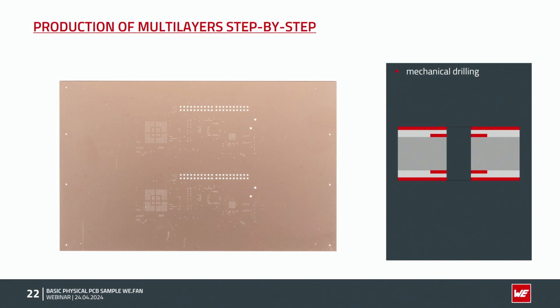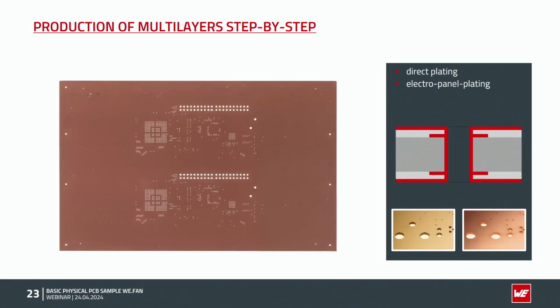And after the mechanical drilling, there is a direct plating which makes a very thin copper layer inside the hole. So the barrel is covered with thin copper already, and the following electropanel plating process adds even more copper on the surface as well into the barrel, which was drilled by the drilling process.